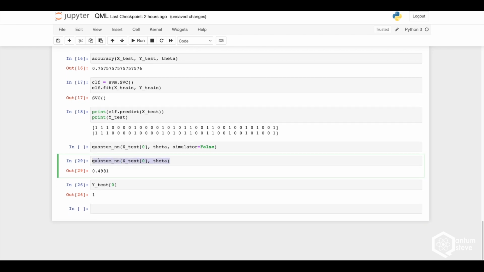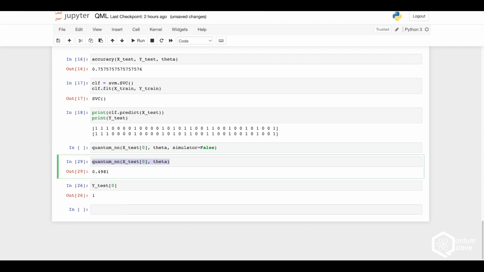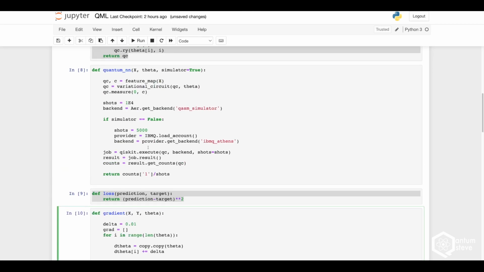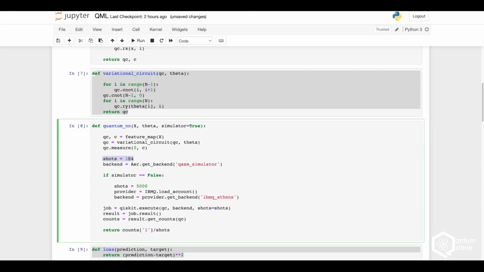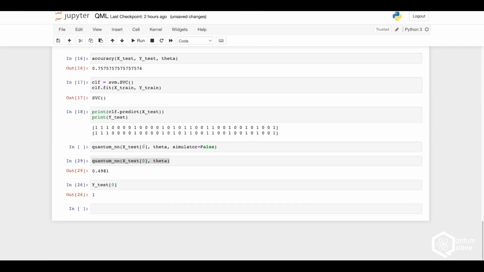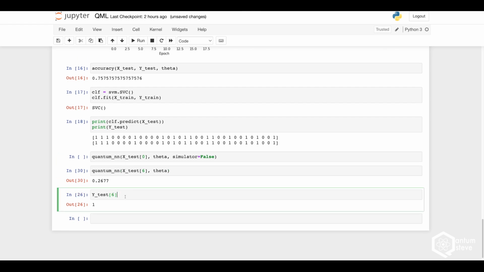So this is due to the finite sampling. So it means that we're just basically evaluating this here a finite number of times. So there are some fluctuations there. So actually, let's just play around with this a little bit and see if we can find another data point where the difference is a bit bigger and where the confidence is bigger.